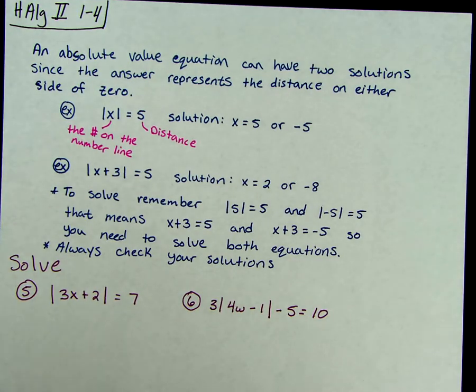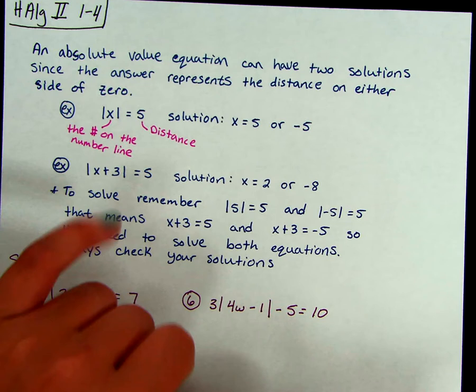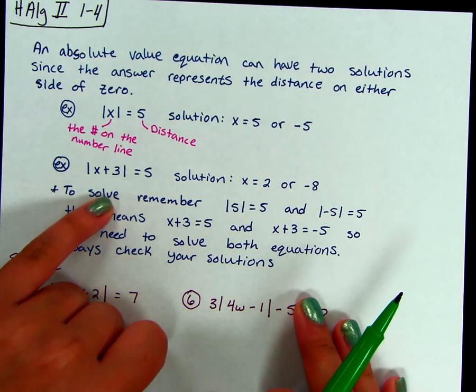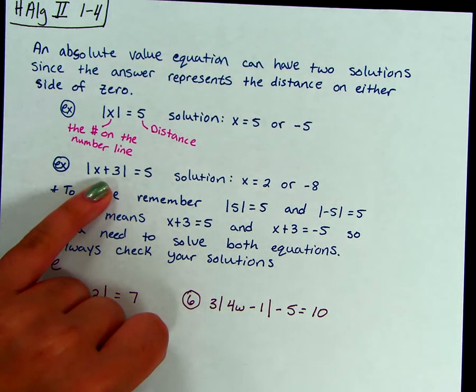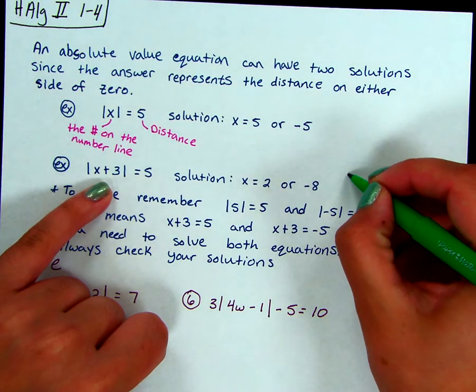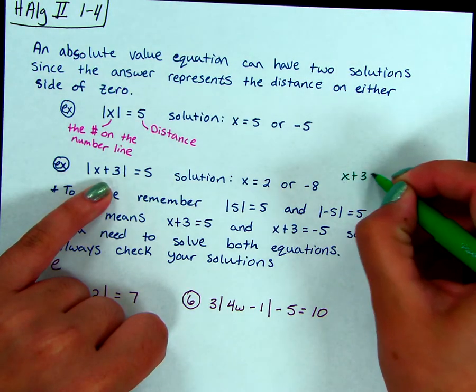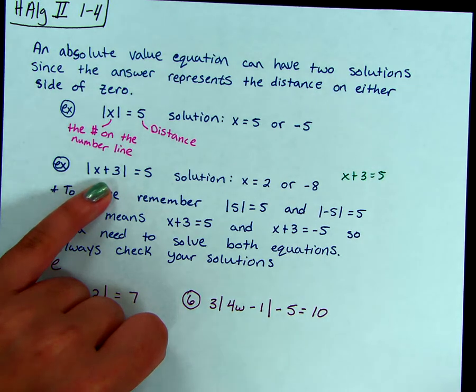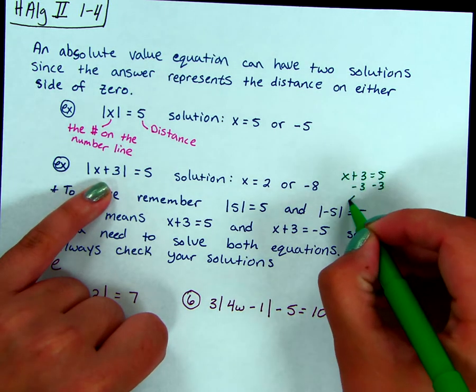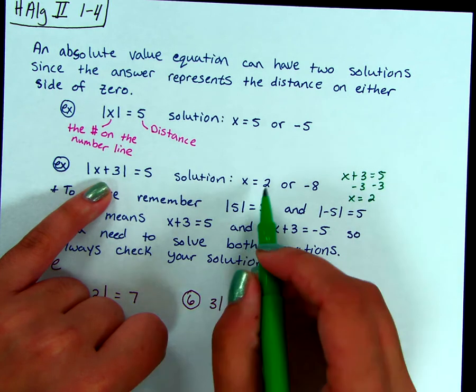The first one is pretty easy because we're just trying to figure out how many 5 units away from 0 this inside part is. So I would write x plus 3 equals 5. And then we solve that like a normal equation, so we subtract the 3. So we get x equals 2 for our first answer.